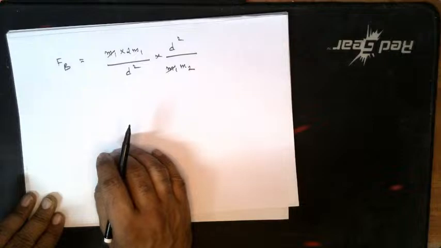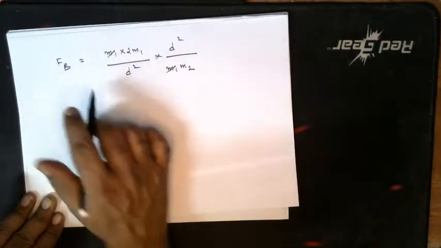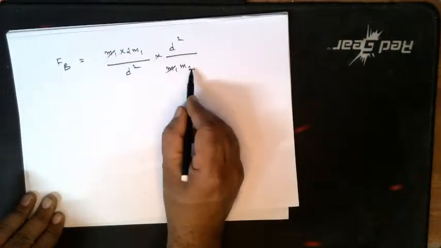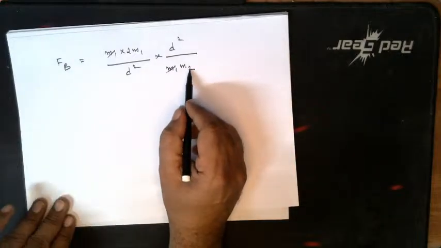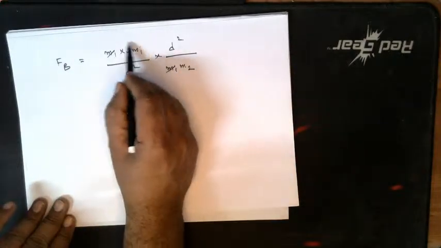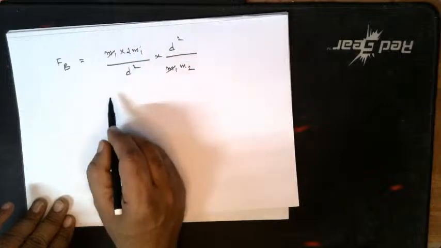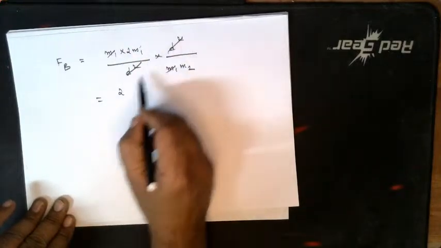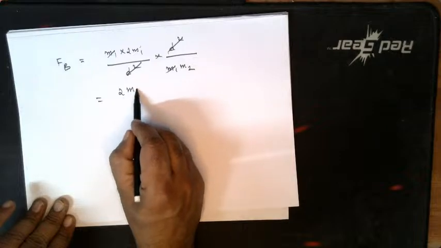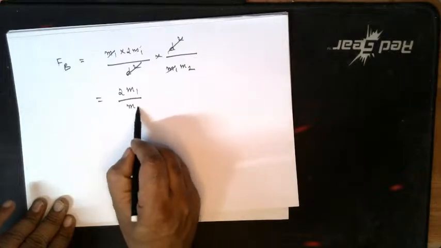They have changed only M2 dash. So we get 2M1 divided by M2.